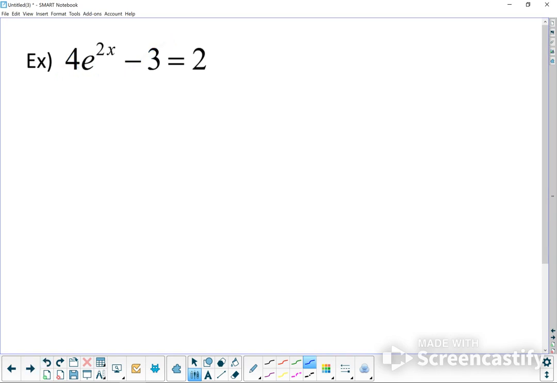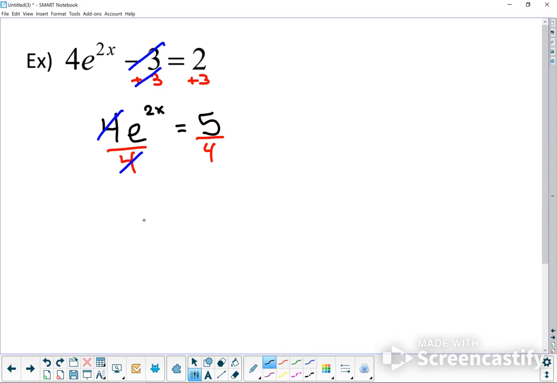So let's do that. First, we need to get rid of that -3 by adding 3. That's going to cancel. We will have 4e to the 2x equals 5, since 2 plus 3 is 5. Now we're going to divide both sides by 4. That's going to cancel, and now we have our exponential e to the 2x power equals 5 divided by 4.